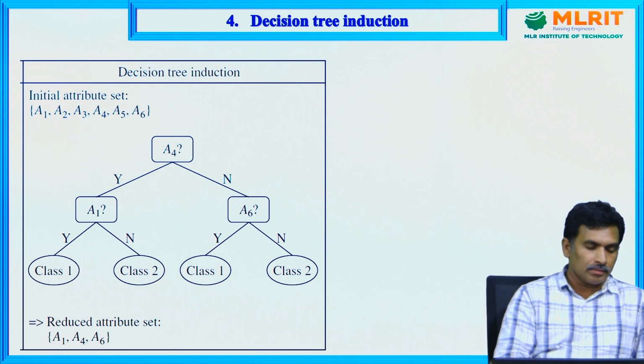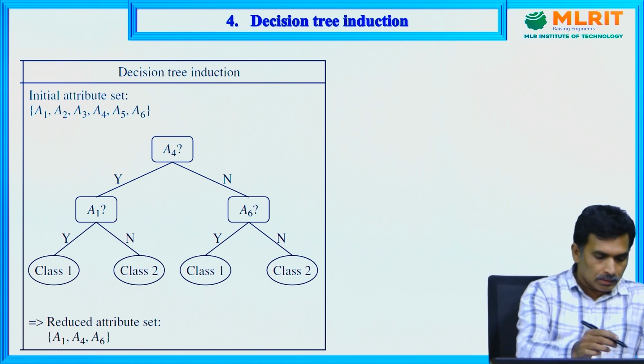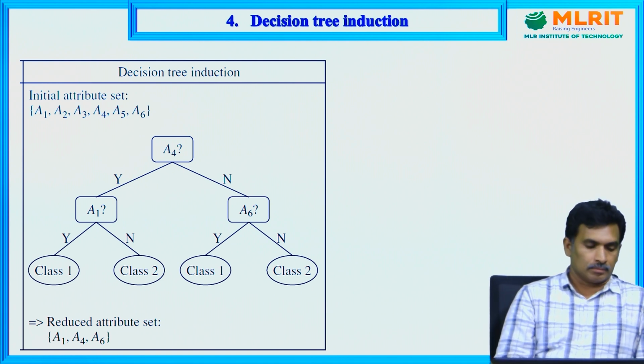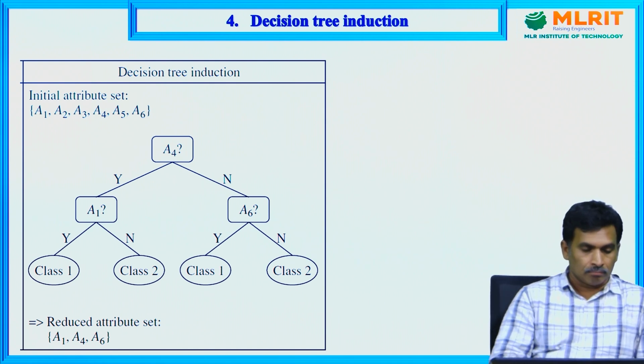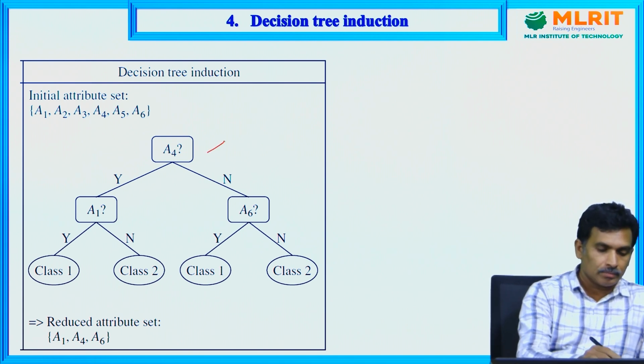Here you can see the structure looks like a flow chart, right? In this we can see a set of nodes, some internal nodes as well as external nodes, and branches, etc. Each node denotes a test.